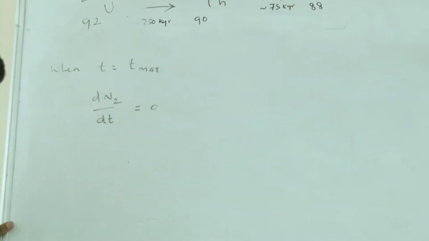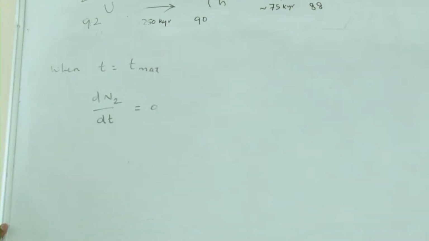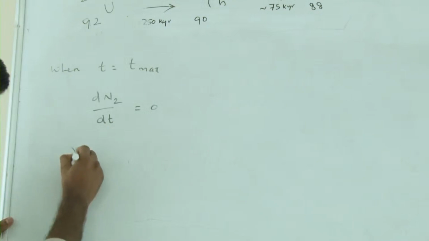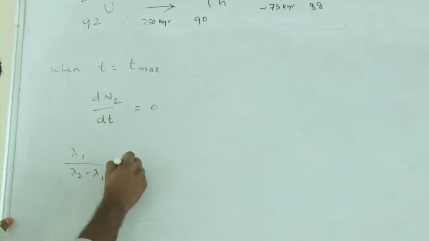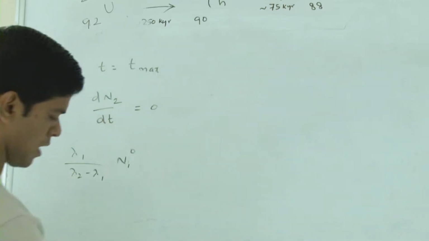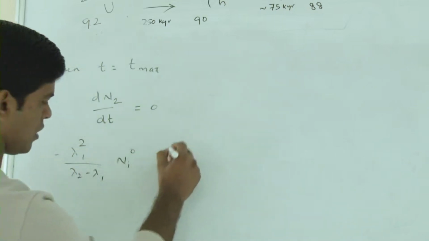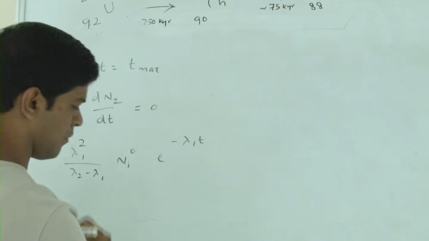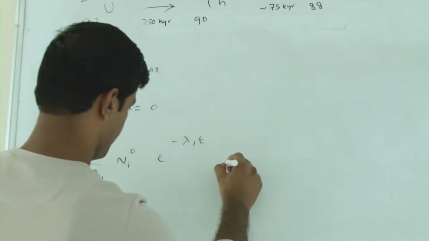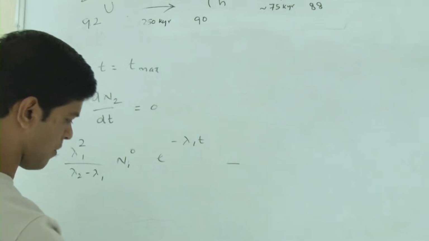So, if I differentiate this equation 2, the differentiation will be lambda 1 by lambda 2 minus lambda 1, n 1 0, there will be a lambda 1 square coming up, e to the power minus lambda 1 t, minus, but again there will be a minus coming here.